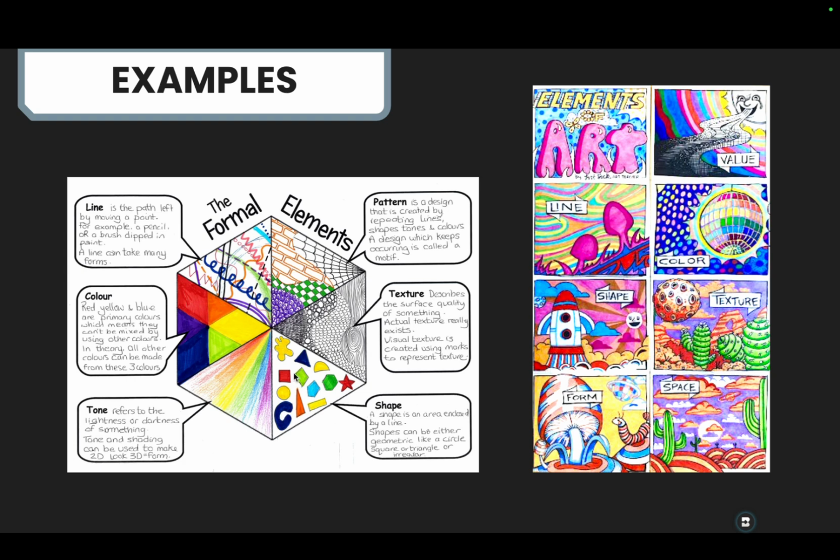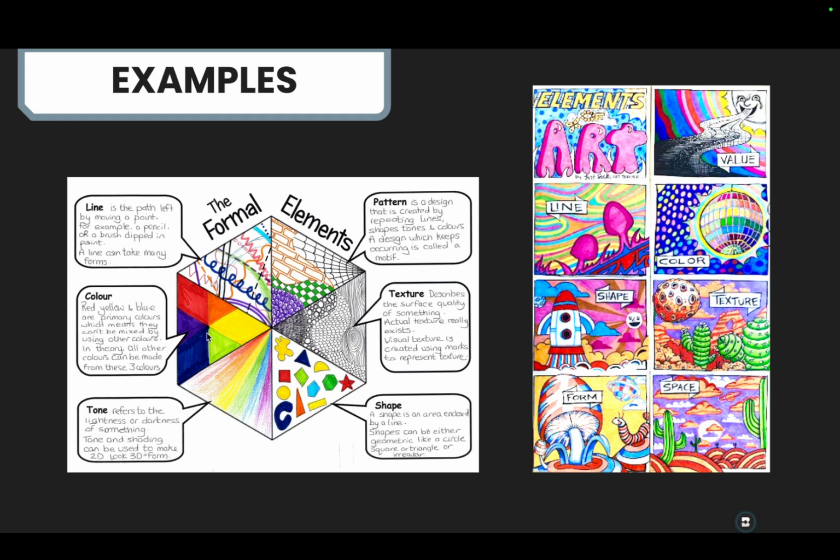Shape, a bunch of different shapes all together. And then turning shape into form, not all of these elements are the same. Some teachers teach it differently. But if you wanted to do form, you could do all of the same shapes on the opposite side, but make them 3D. So instead of a square, you could do a cube over here. And instead of a triangle, you could do a pyramid over here.